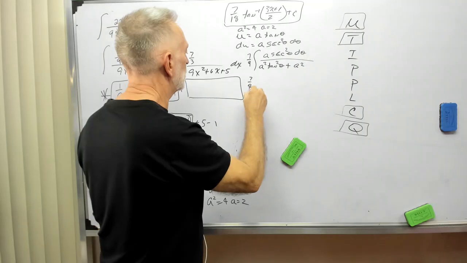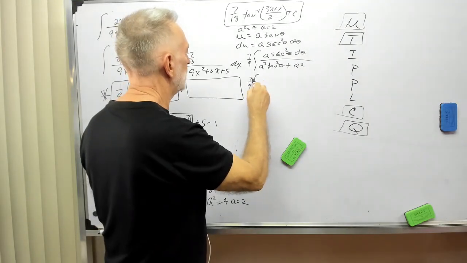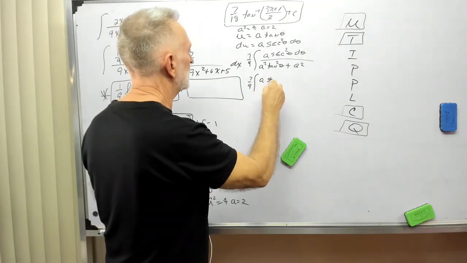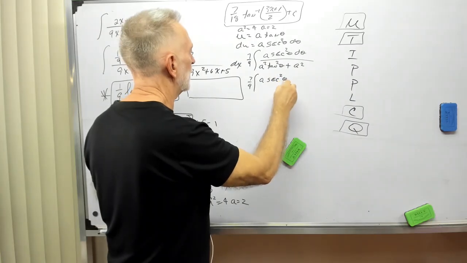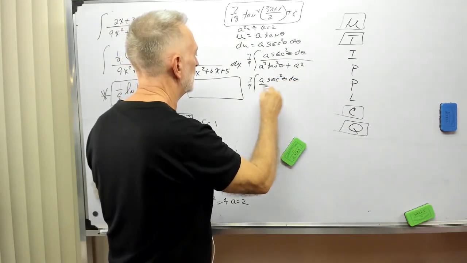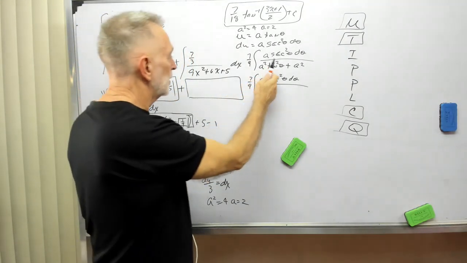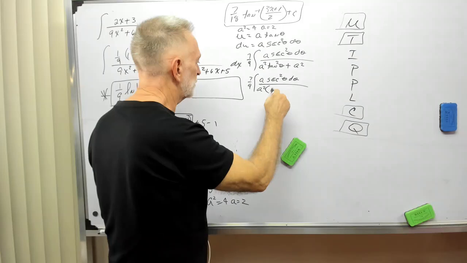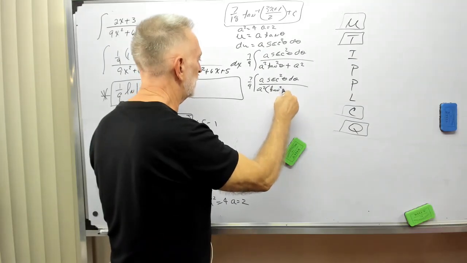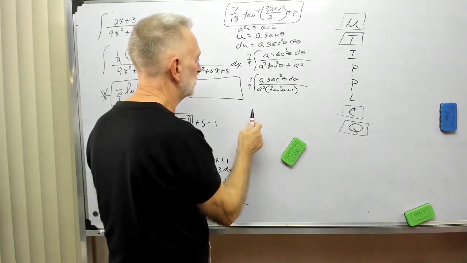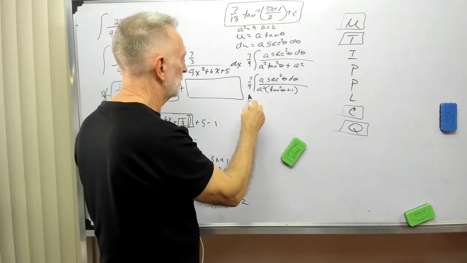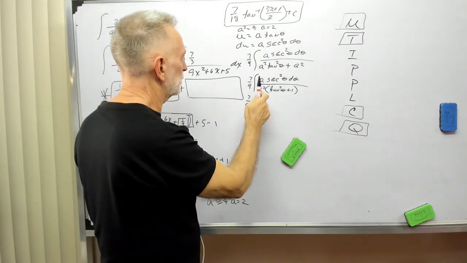So 7/9 times the integral of a secant squared theta d theta over, I'm factoring out the a squared term, a squared times parentheses of tangent squared theta plus 1. So I can reduce a few things here.